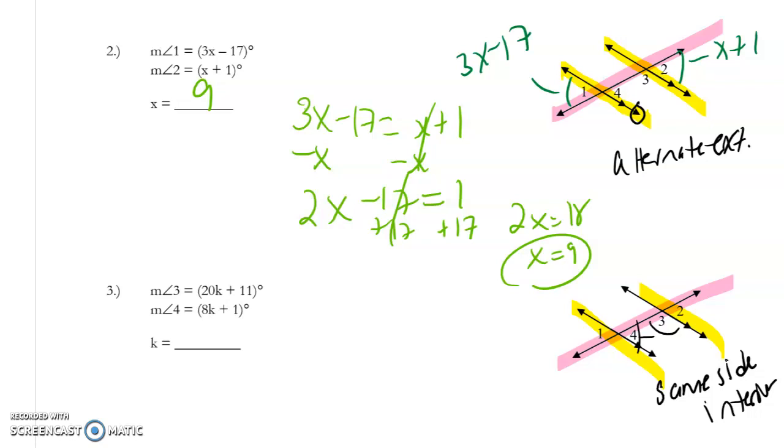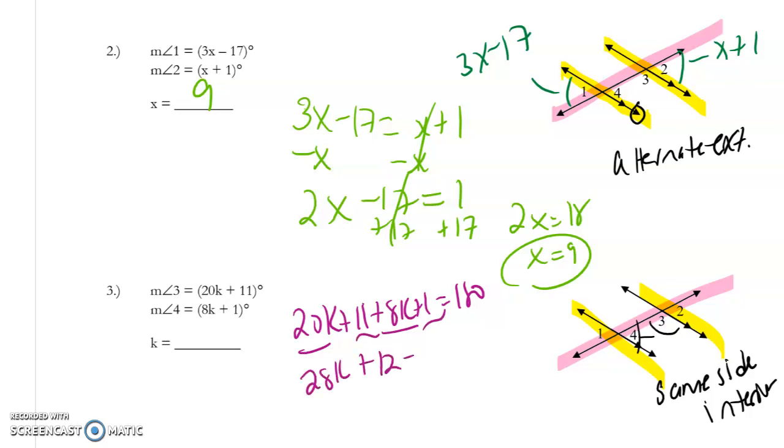So when we're thinking about that, we have to set it up where we add angle 3 and angle 4. So 20k plus 11 plus 8k plus 1 equals 180. And then I'm going to put my like terms together, so it looks like I've got 28k plus 12 equals 180.